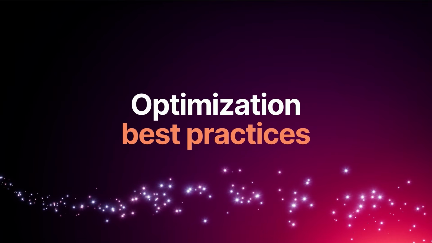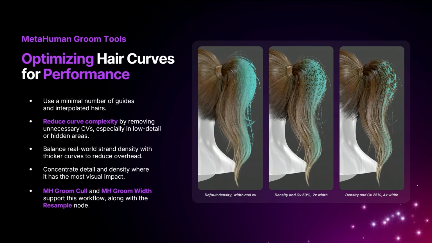So now that we've walked through the full pipeline, from authoring in Houdini to integration in Unreal Engine, let's take a short moment to talk about optimization. This ponytail is a good example of optimized grooming: reduced density, simplified curves, thicker strands where it counts.